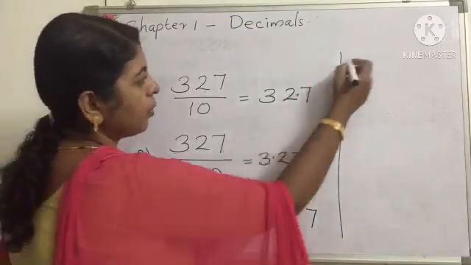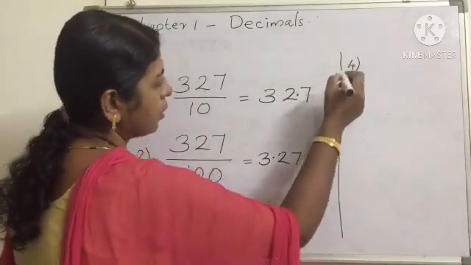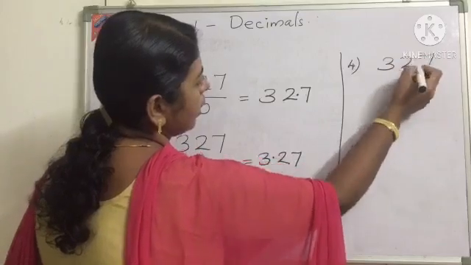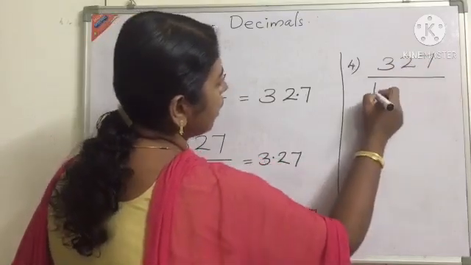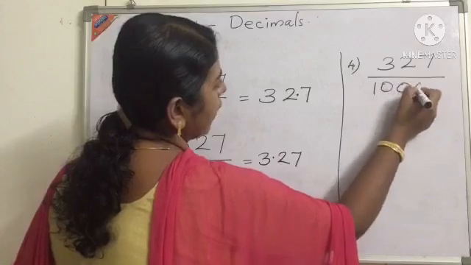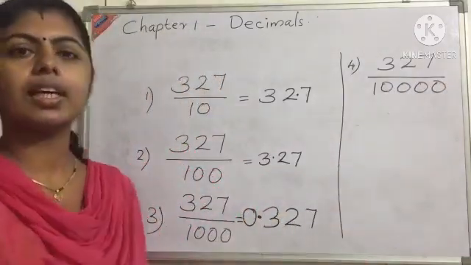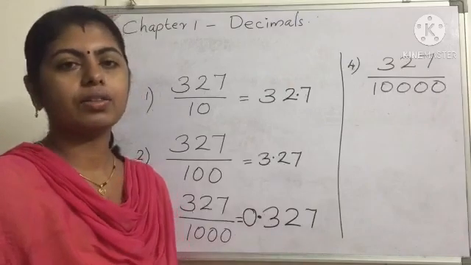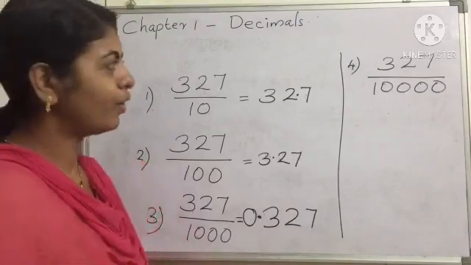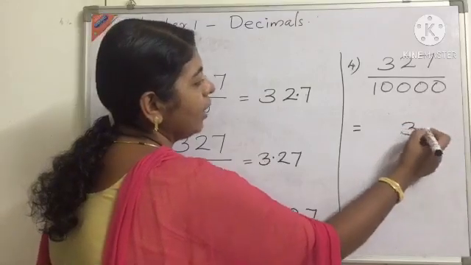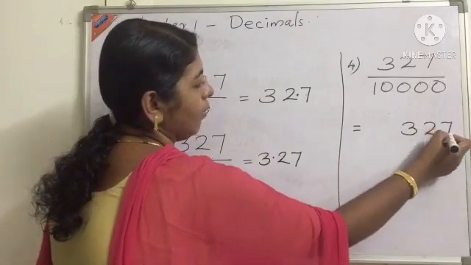Next, fourth, one more question we can write: 327 divided by 10,000. What is the answer? For this also we first want to write 327.